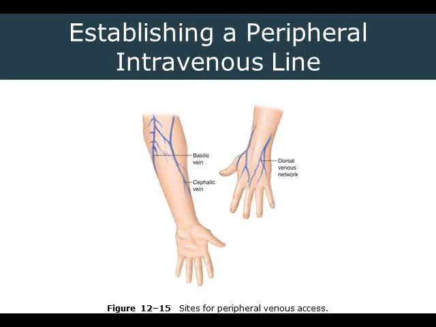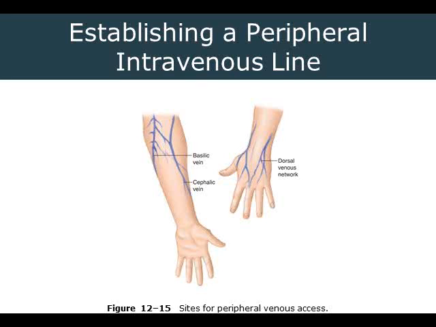There's normally a cephalic vein that runs along the thumb side or the radial side of your arm. It usually comes down your forearm. You have a basilic vein that runs down the back side or the ulnar side of your arm. And then when you look at the hands, there's usually a nice venous network on the back of the hand. At least 2 or 3 decent veins usually run across most people's hands.